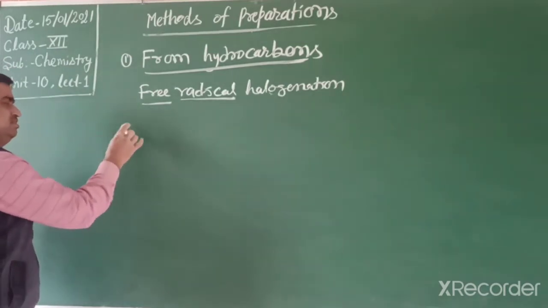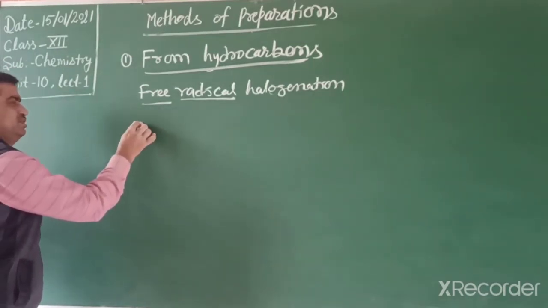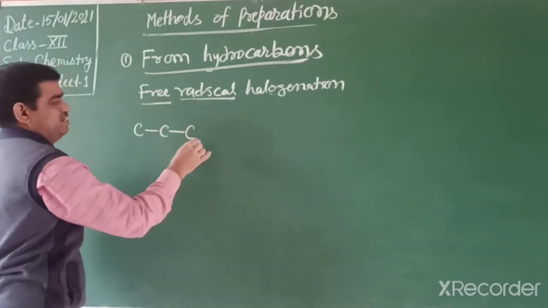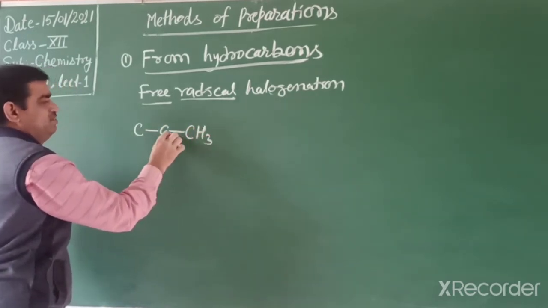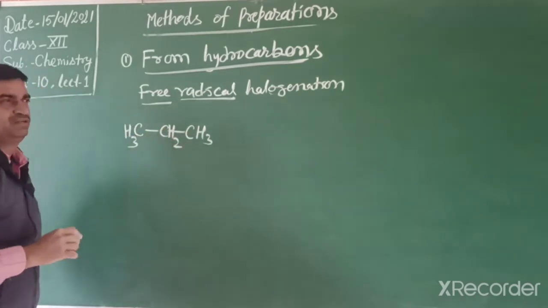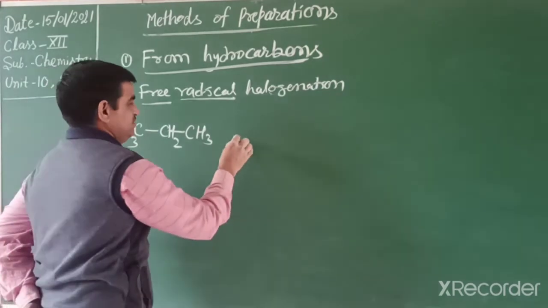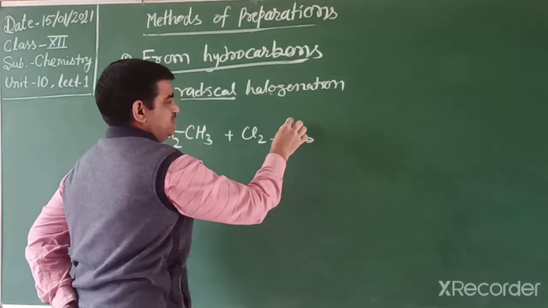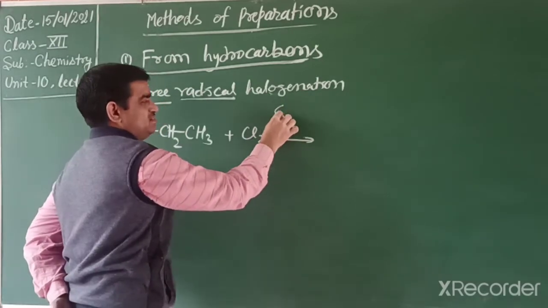We take a hydrocarbon, for example, a simple hydrocarbon, propane, and it reacts with chlorine in presence of sunlight.